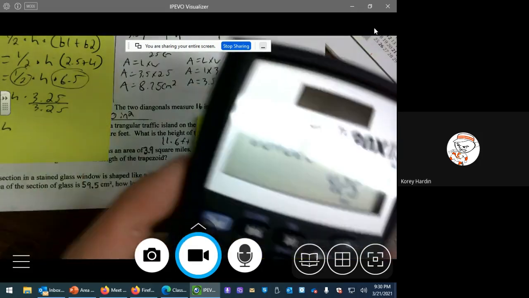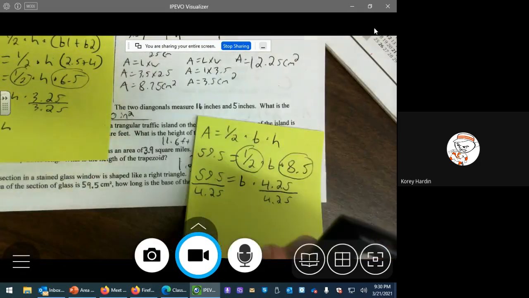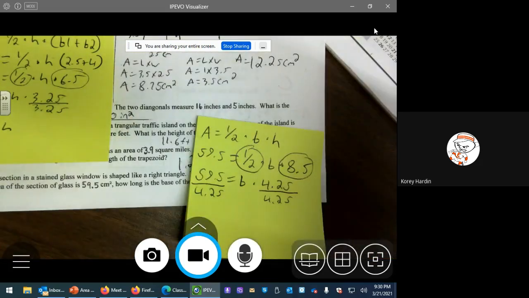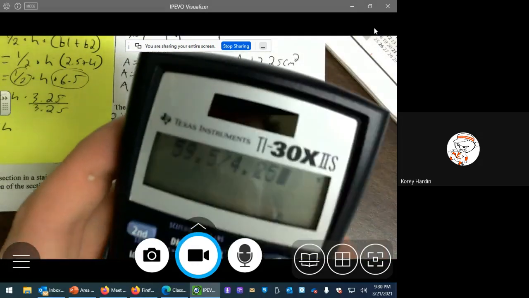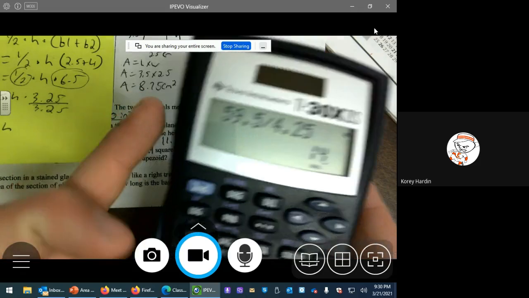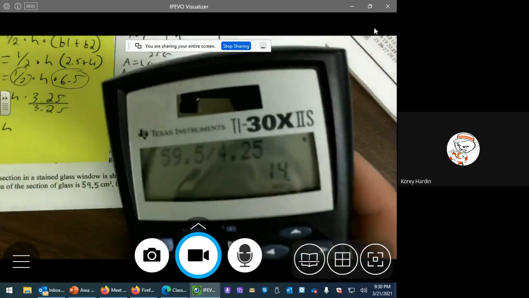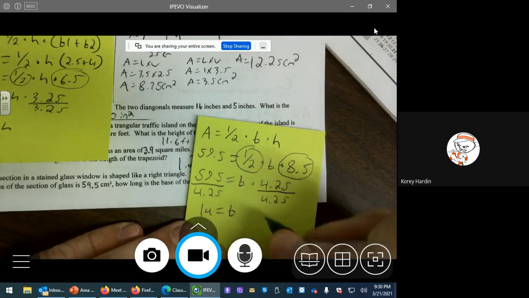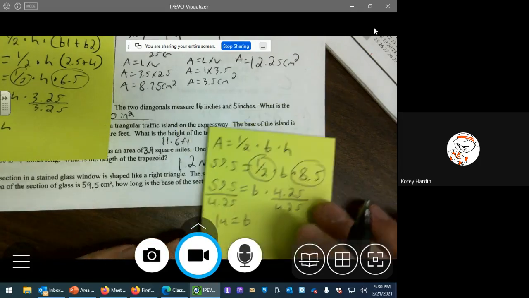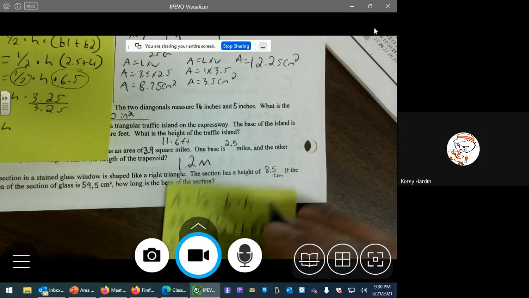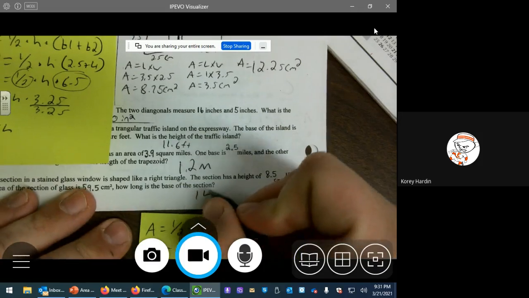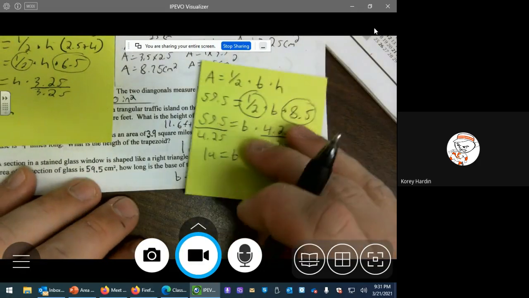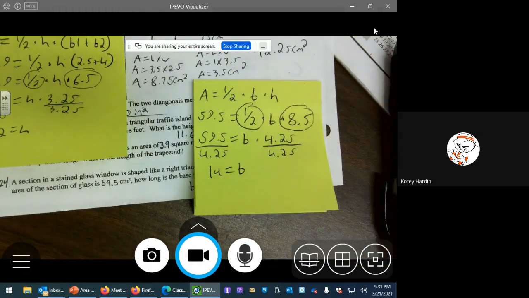So that gives me 59.5 divided by 4.25. And when I do that, I get 14. So 14 equals B. All right. And that's going to be centimeters. So 14 centimeters. And there's the work on that one.